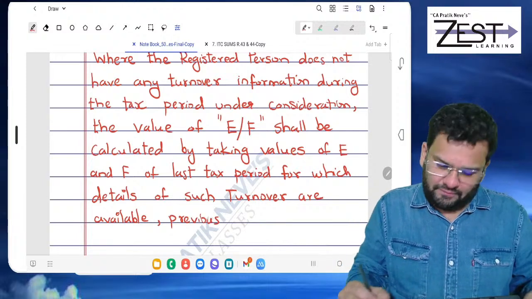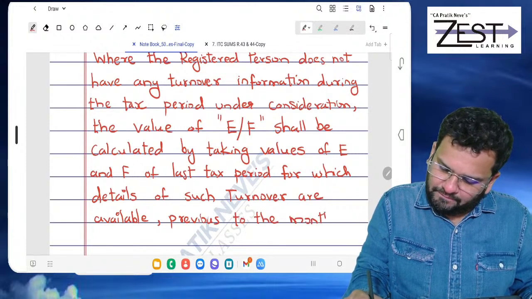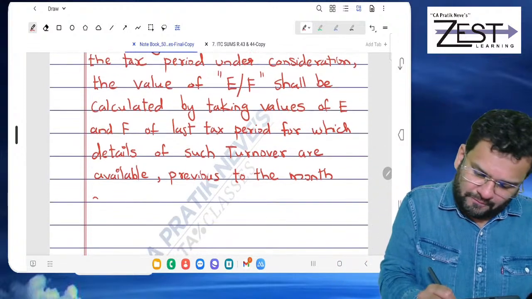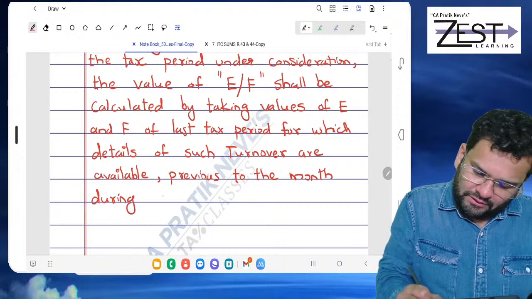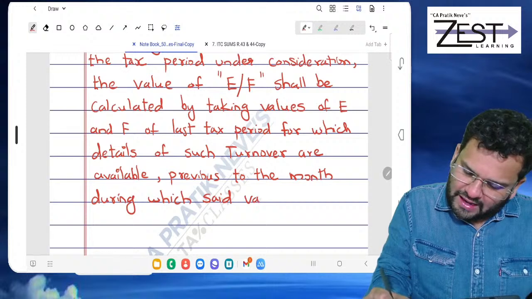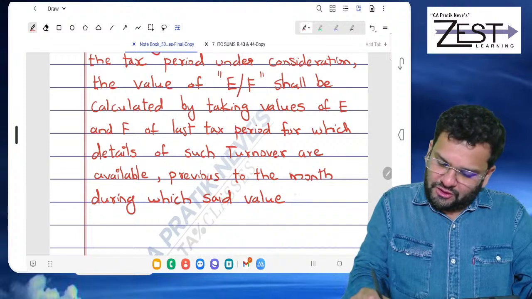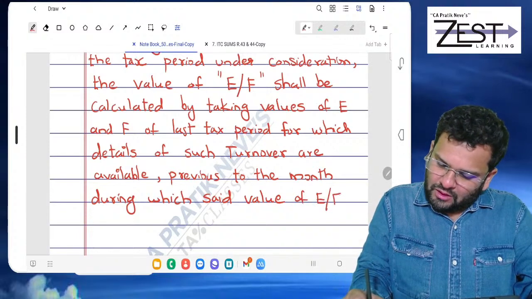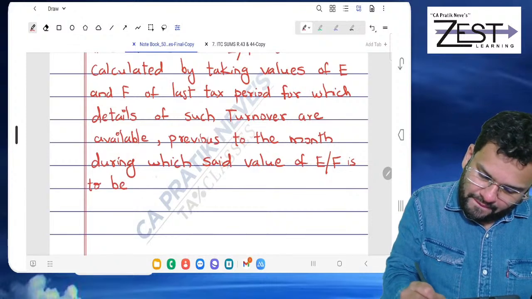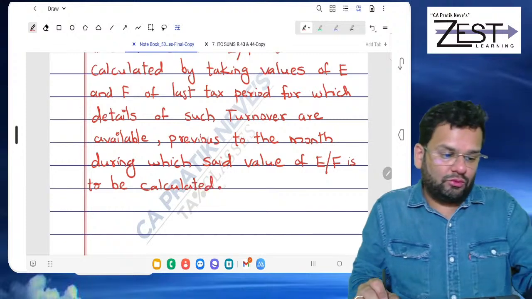to the month during which said value of E upon F is to be calculated. Full stop. Continue.